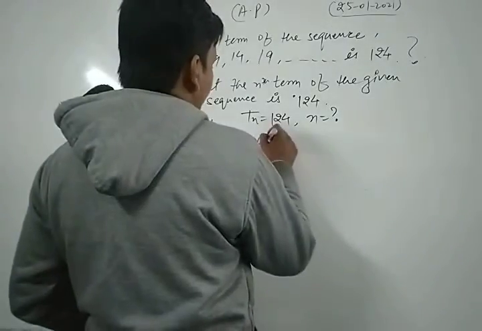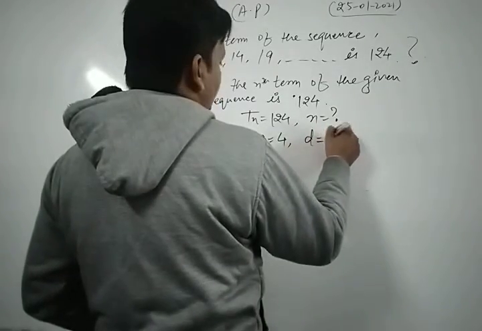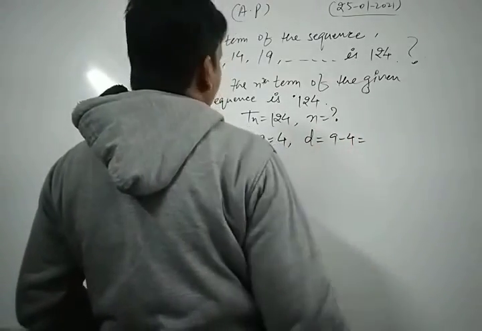Here a is 4 and d is 9 minus 4, that is 5.